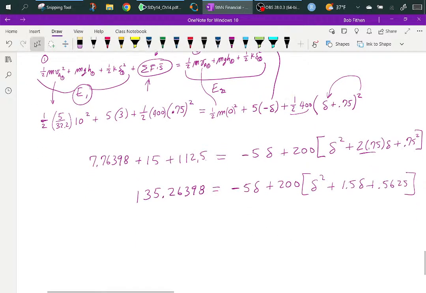Okay. So I'm only intrigued at trying to figure out now what this is. So if I take 200 delta squared, so I'm going to try to make that, do my handwriting fairly decent, plus, okay, 1.5 minus 5, that'd be 3.5.